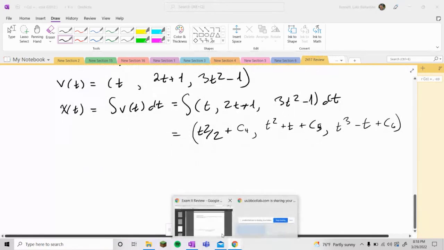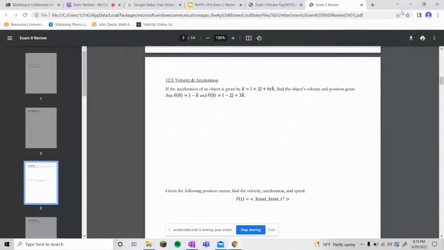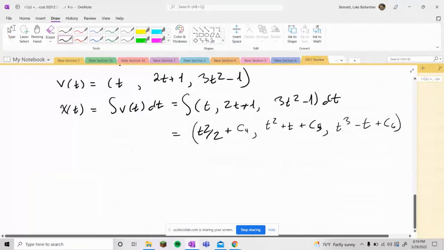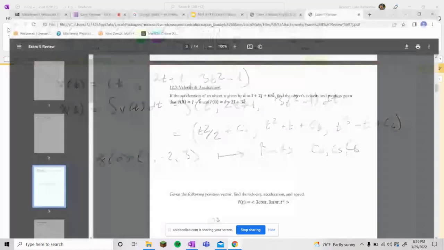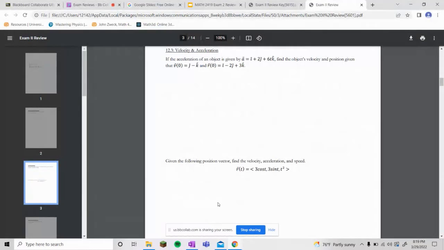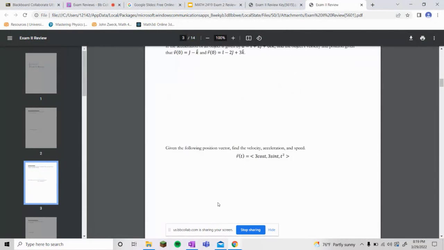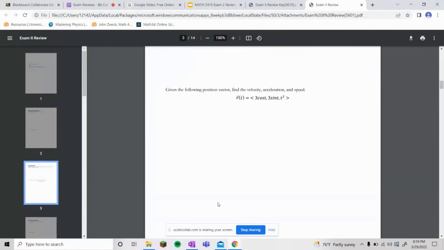And then we use our initial position, 1, -2, 3. And then you can do that. So that's that problem. Find the position vector, the velocity, acceleration, and speed of r of t equals 3 cosine t, 3 sine t, t squared.